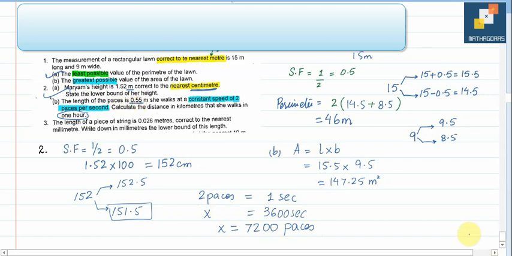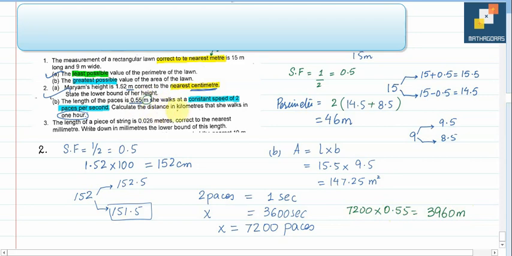The length of one pace is 0.55, so the length of 7200 paces will be 7200 multiplied by 0.55, right? And 7200 into 0.55, it's 3960 meters, right? Because the unit is meter.